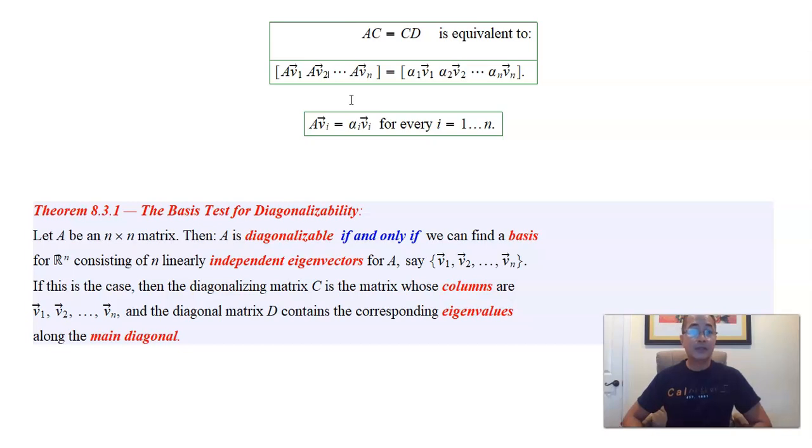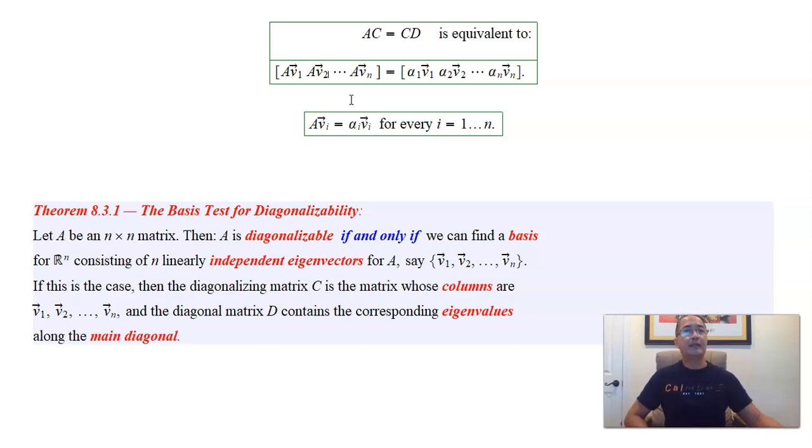Remember that's one of the conditions in the really big theorem. So we have n vectors from Rn which are linearly independent. By the 2-for-1 theorem, that means that they have to be a basis for Rn. That's why this is called the basis test for diagonalizability.